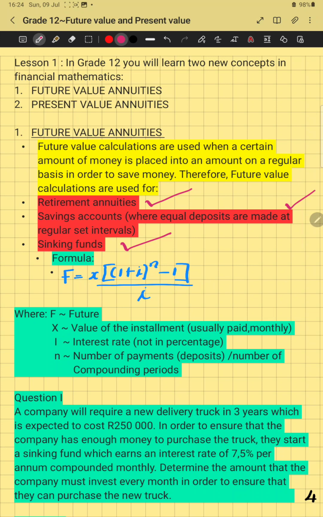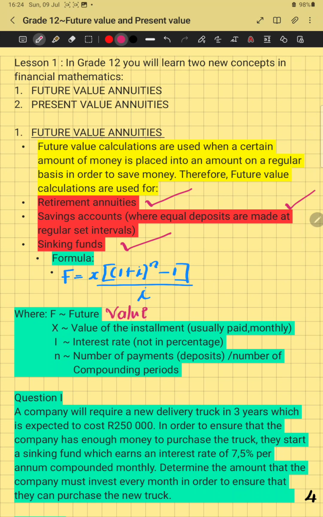All right, so this is the formula here that says F is equal to X, and then square brackets, (1 plus i) to the n minus 1, divided by i, where F stands for the future value.